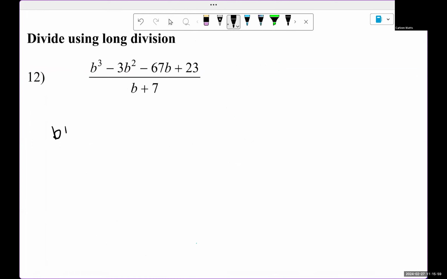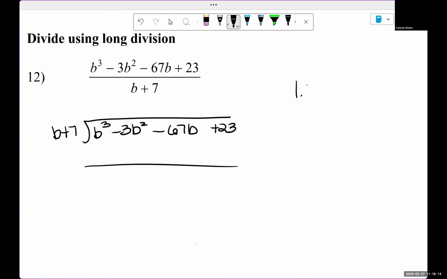So b plus 7 into b cubed minus 3b squared minus 67b plus 23. Step 1, make it match. So I'm going to put b cubed right there.